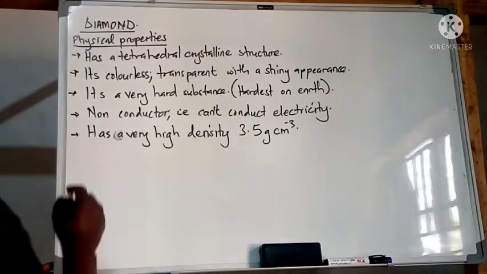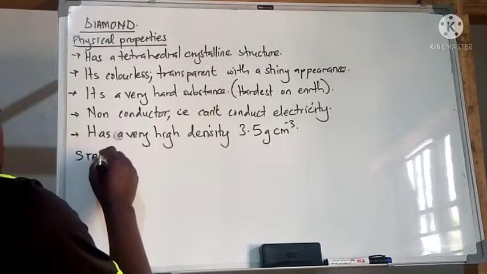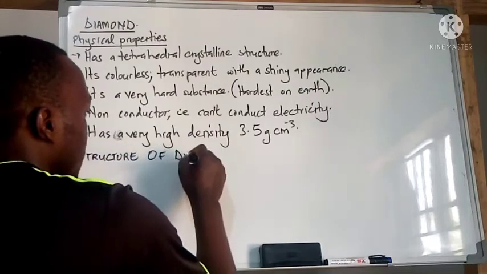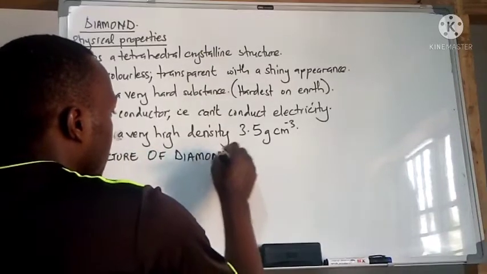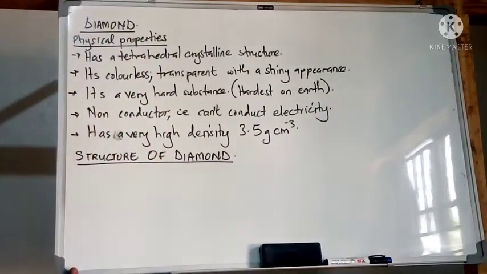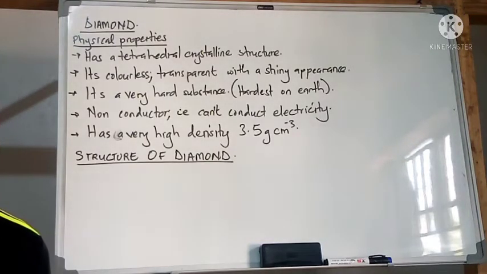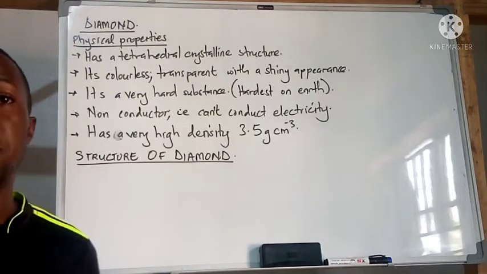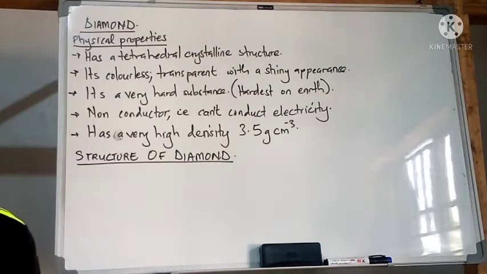When we proceed, we have to look at the structure of diamond. We have to ensure that at the back of our minds, we already know that carbon is a non-metal. It is not under groups of elements we call metals. So expect any kind of bonding between carbon atoms to be covalent. Okay?